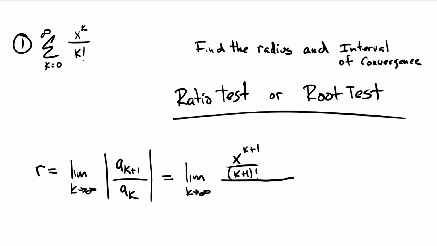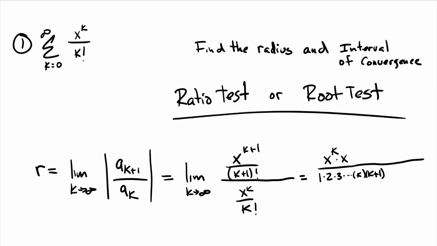Now you're starting to see why we did all this nonsense before, because we can actually use it for something. Now we're going to flip it and invert it. The x to the k plus 1 is x to the k times x to the first, divided by k plus 1 factorial, which I'll write out as 1 times 2 times 3 times up to k, and then k plus 1.